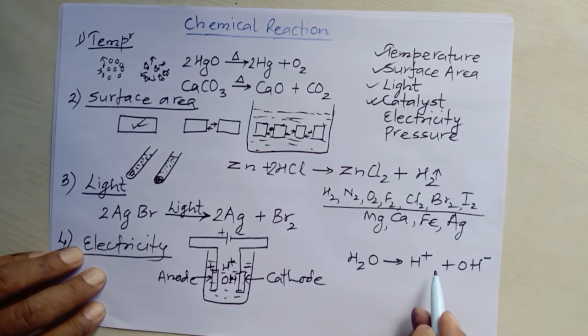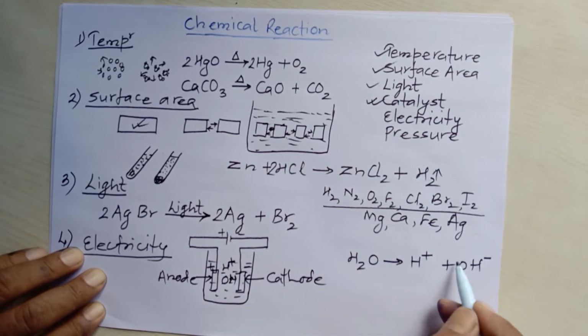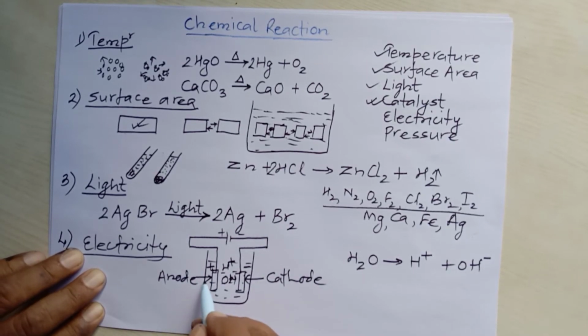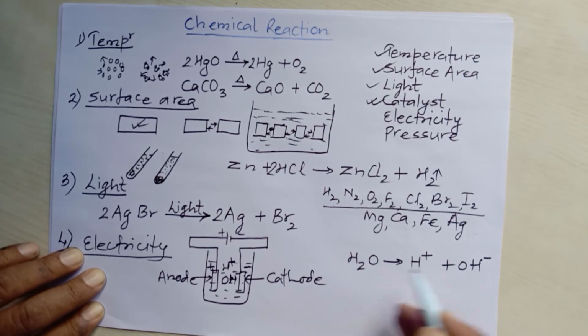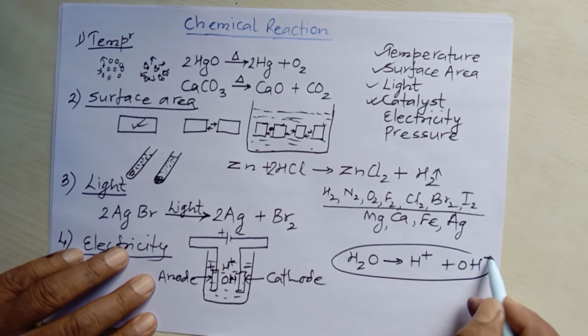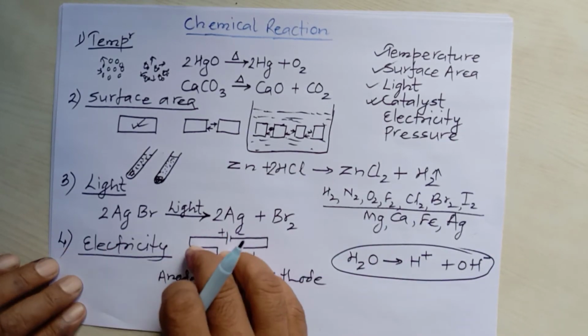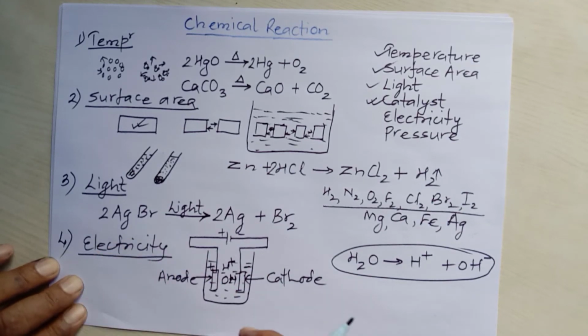The positively charged hydrogen ion moves to the cathode, and hydrogen gas evolves from this place because of gaining electrons. But the hydroxyl ion moves towards the anode, and it donates electrons to the anode, and oxygen gas comes from the anode. This is the ionic reaction. We don't have to give all this as an example. We are talking about one factor of chemical reaction, electricity.